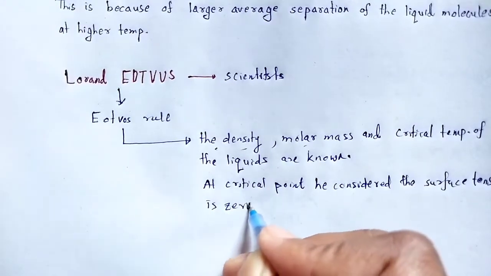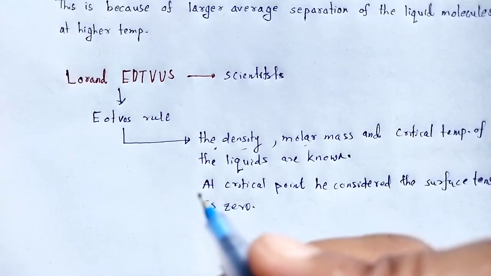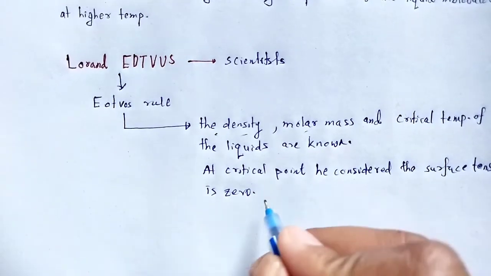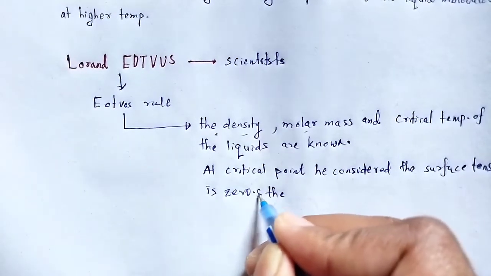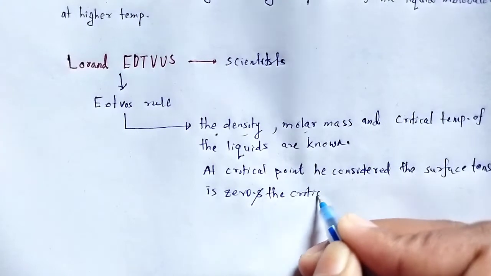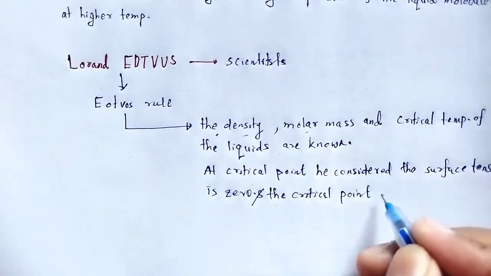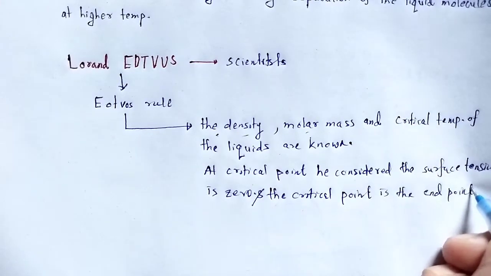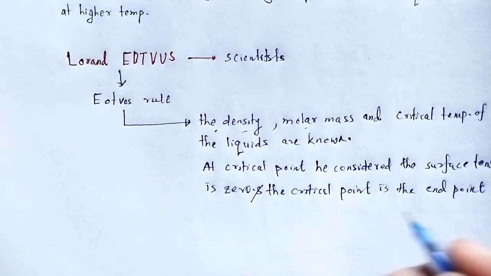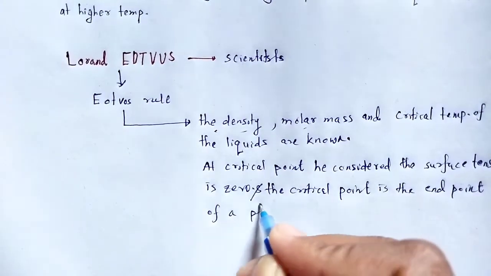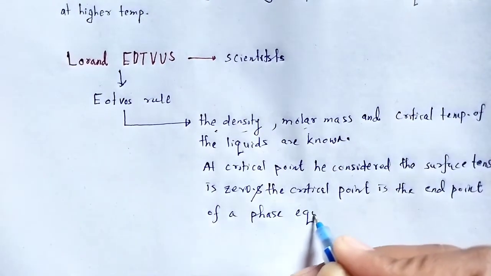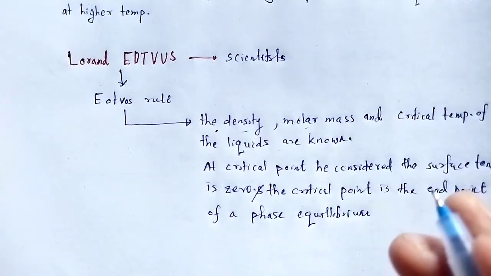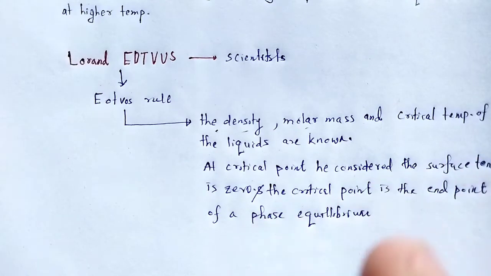The critical point is the end point of a phase equilibrium, where only one phase exists.